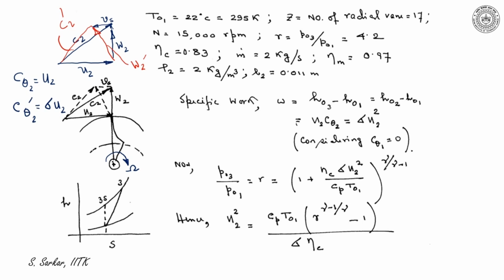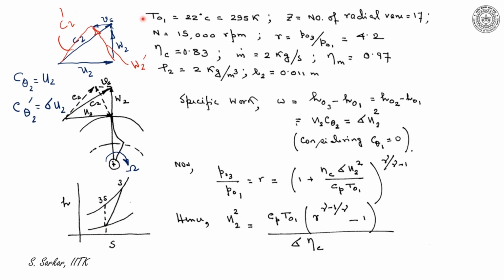Now, furthermore, the compression process can be represented in an HS diagram, where 1,3 is the actual compression and 1,3s is the isentropic compression.